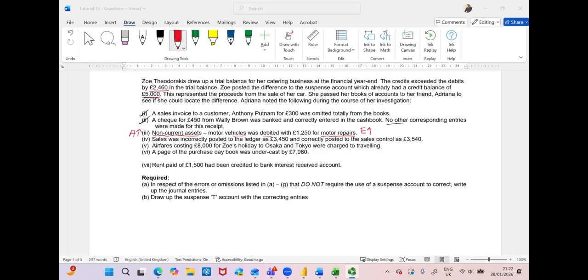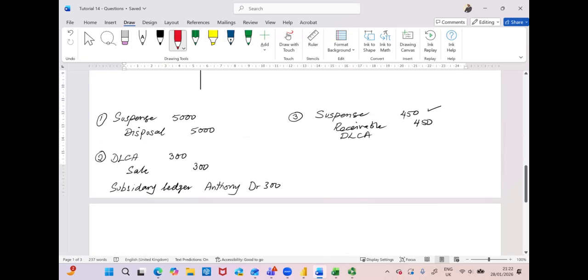Right, so let's pass a double entry. The double entry number 4 will be motor repair debit by 1250 and non-current asset is credited by 1250.